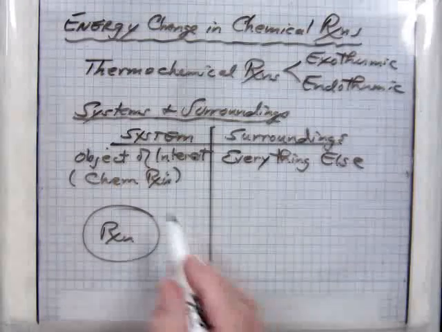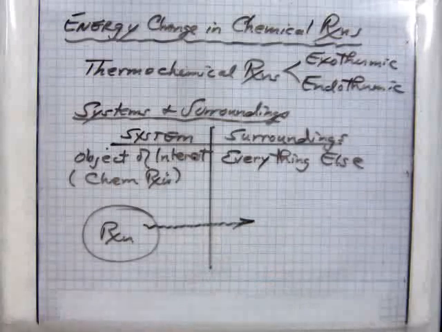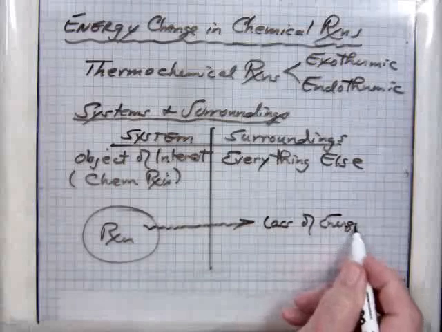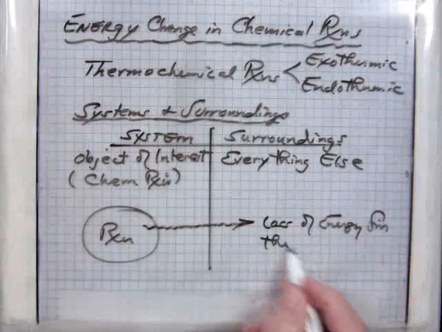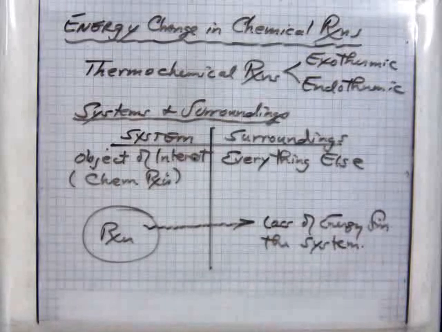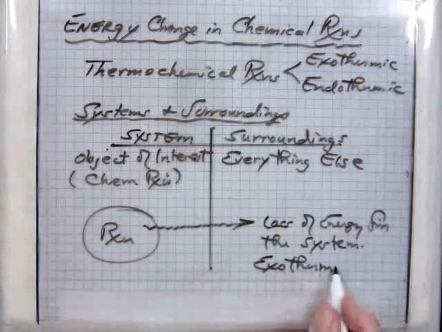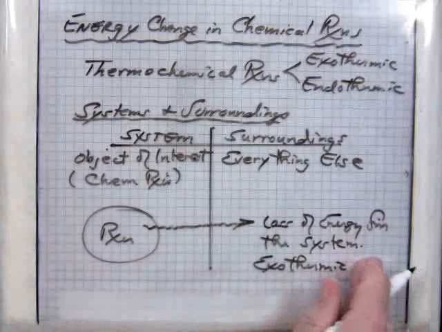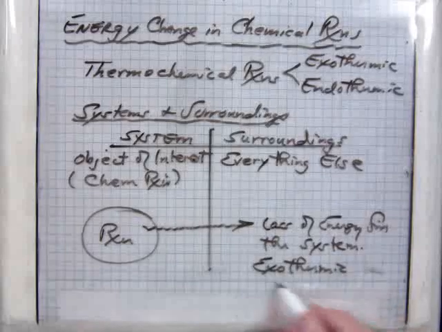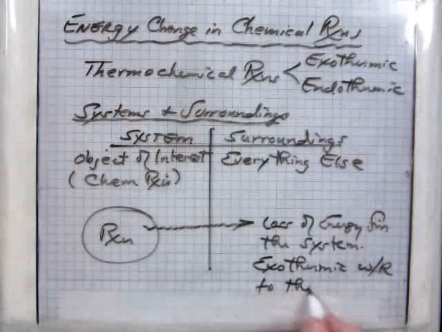So in this reaction, we can draw a little squiggly line indicating, say, that's a loss of energy from the system, which we call exothermic, but we don't specify what I'm about to write, but it is supposed to be understood. Exothermic with respect to the system.